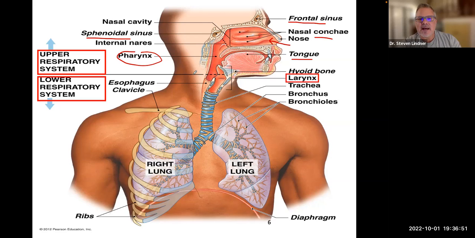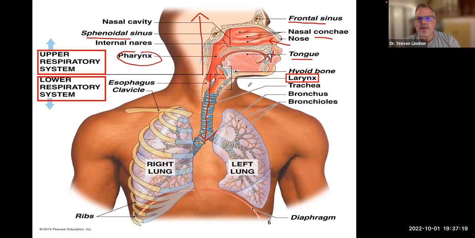Everything from this dotted line right here going upward in this direction, that's the upper respiratory tract. And again, everything from this line going down in this direction, this would be the lower respiratory tract. Upper respiratory tract infections involve everything up here, and lower respiratory tract infections involve everything down here.